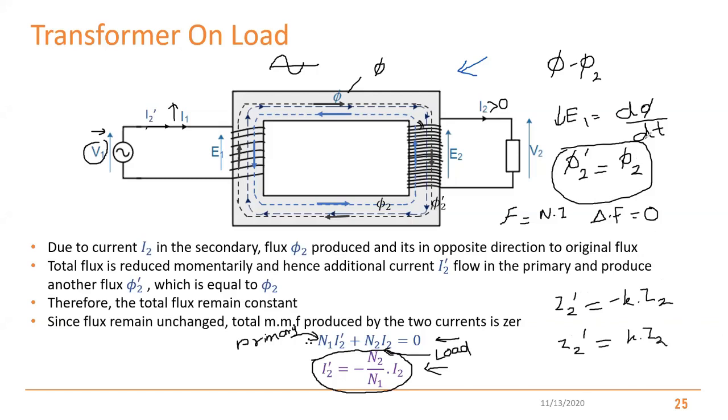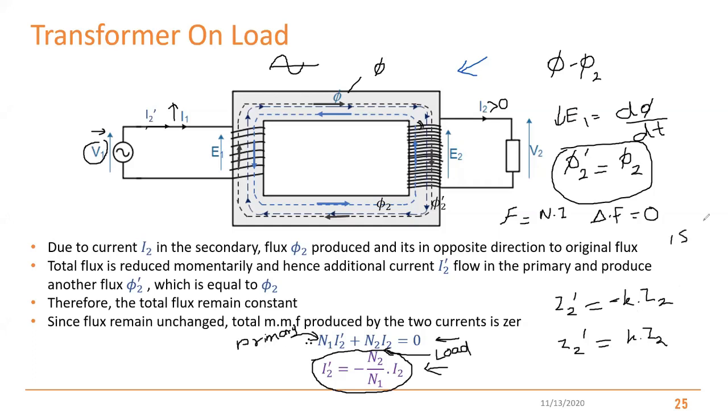Actually this sign comes into play when you draw the phasor diagrams. What this minus sign means is that I2 and I2 dash are out of phase by 180 degrees.